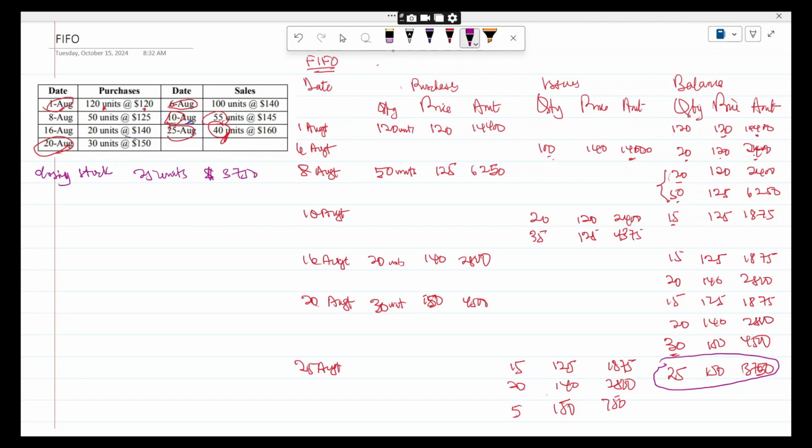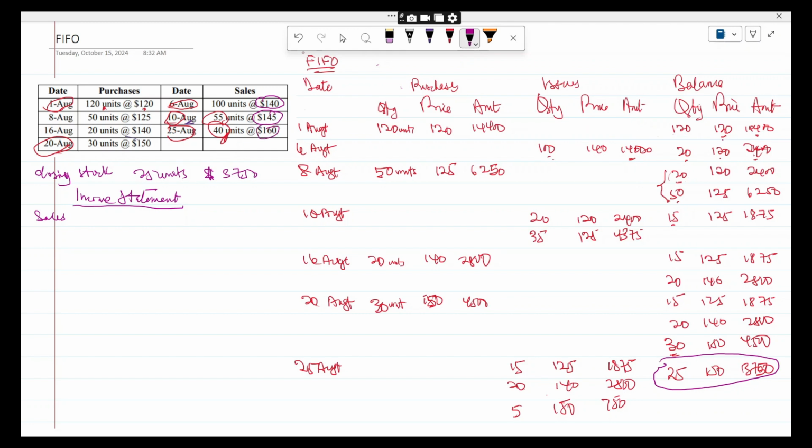Great. Now, this is the simple solution. However, let's go ahead and prepare an income statement. When you want to prepare an income statement, you start with your sales. Now, what sales are you supposed to look for? You will realize that we didn't use these prices, but rather the selling prices that are here.